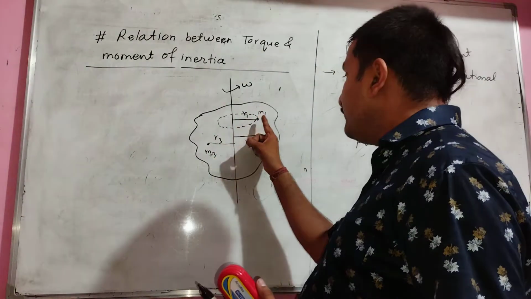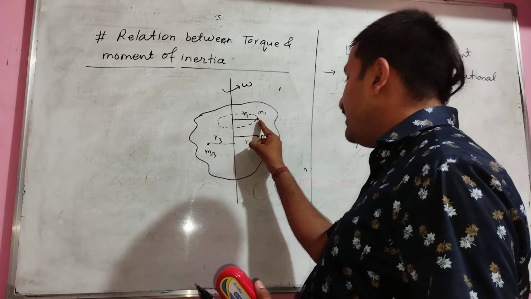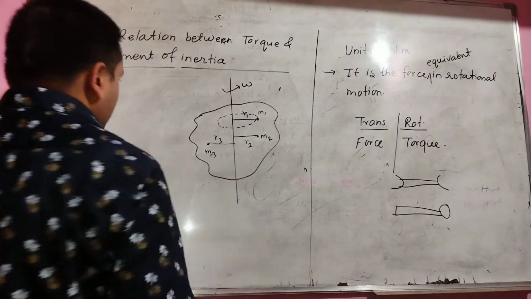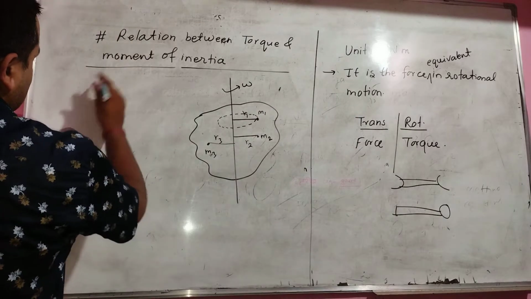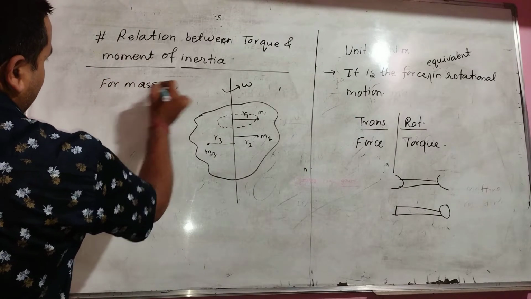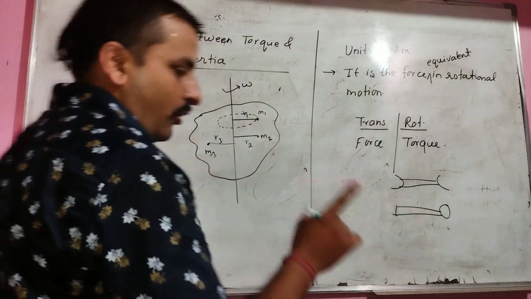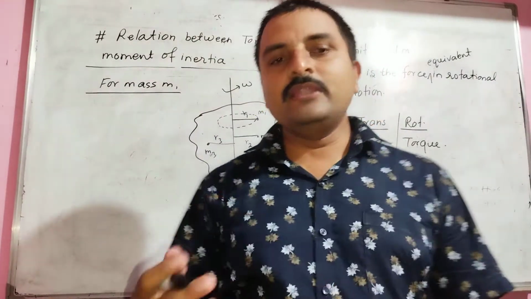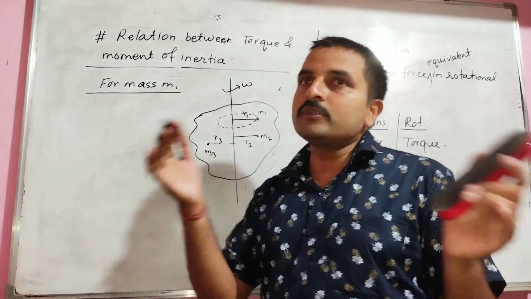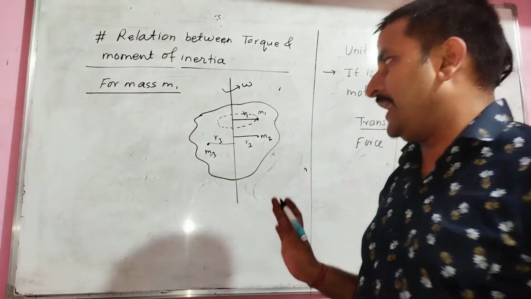If we look at the motion of m1, this path will be circular. So for mass m1, if I am able to find the torque, then I can just add the torque for the other masses also.